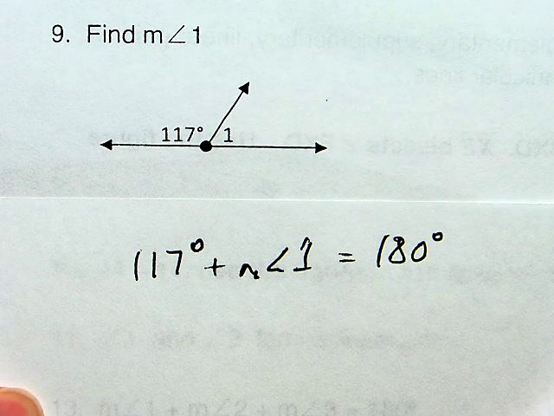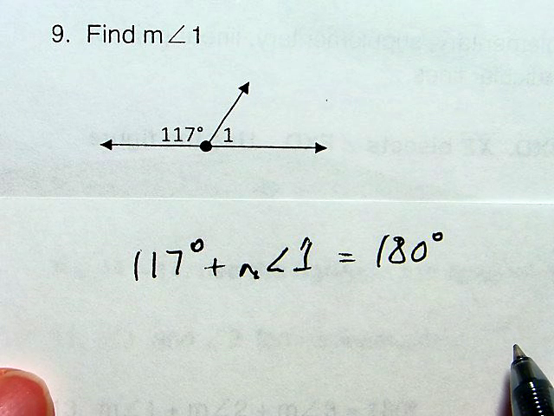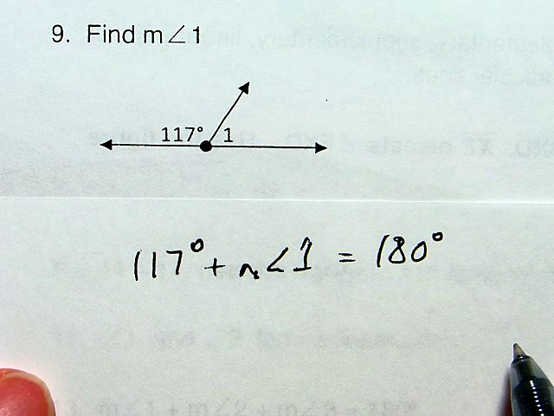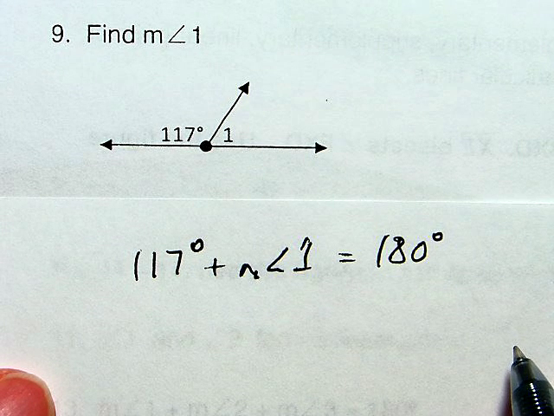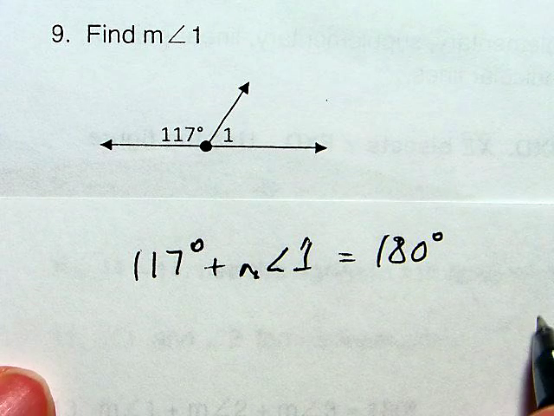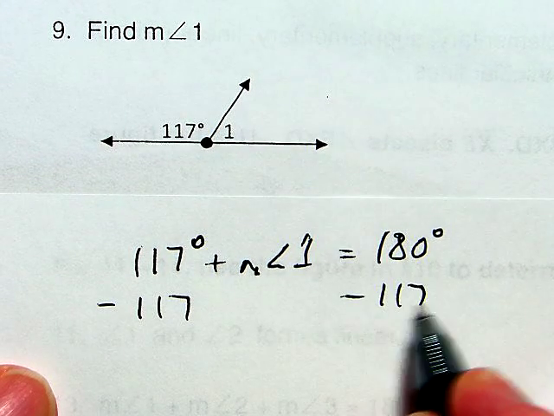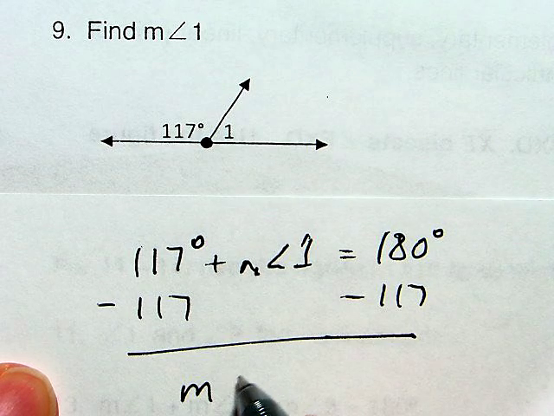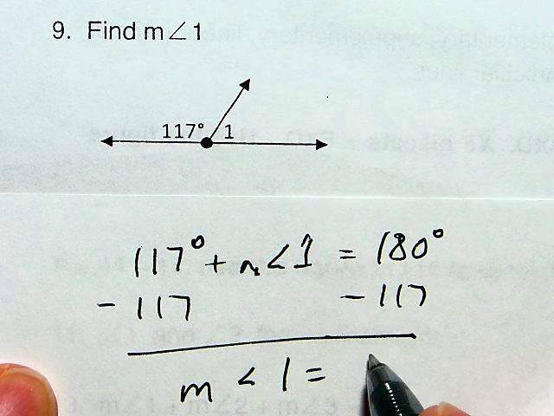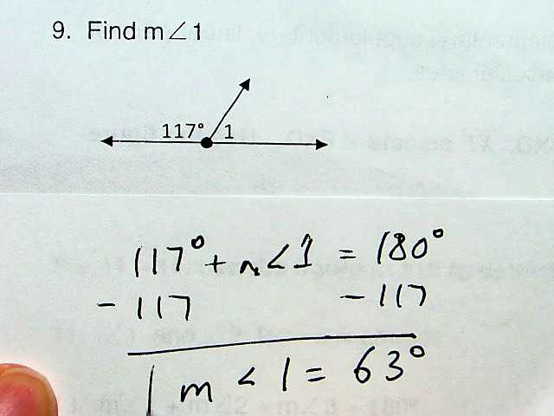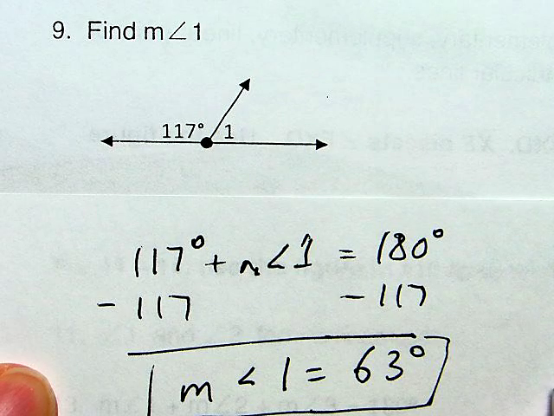That's sort of another way of saying that the angle that's 117 degrees and angle 1 are supplementary. So let's go ahead and solve this. We could subtract 117 from both sides, and we will get that the measure of angle 1 equals 63 degrees. And we're done. That is the answer to problem number 9.